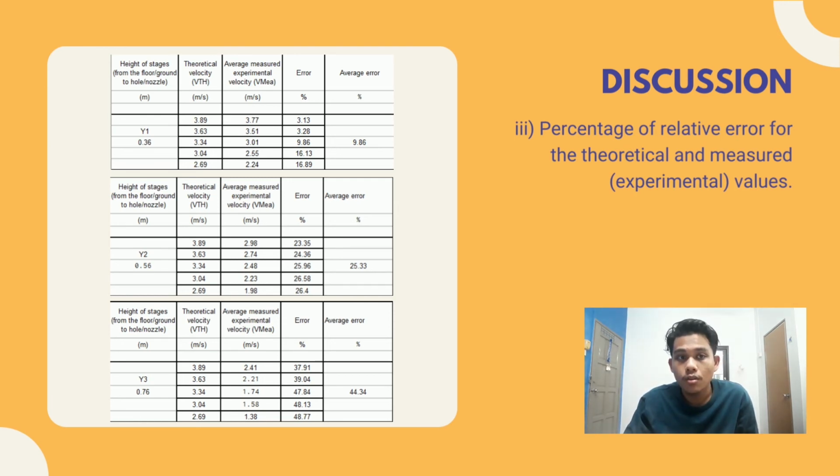The same goes for the third y, which is 0.76 meter: the theoretical velocity minus the average measured experimental velocity, and then divided by the theoretical velocity. To find the error, we times 100%. For the average error, we sum all of the errors and then divide it by 5.